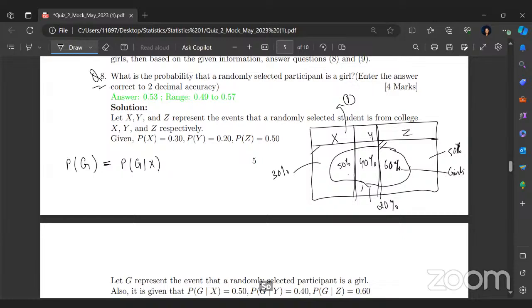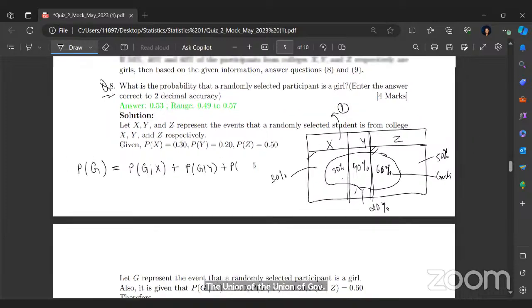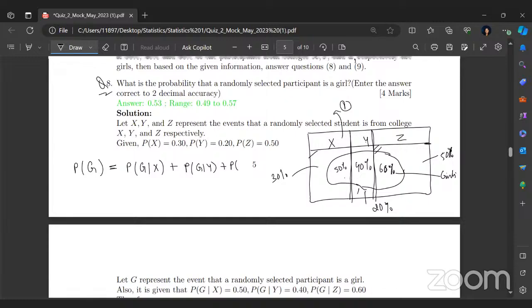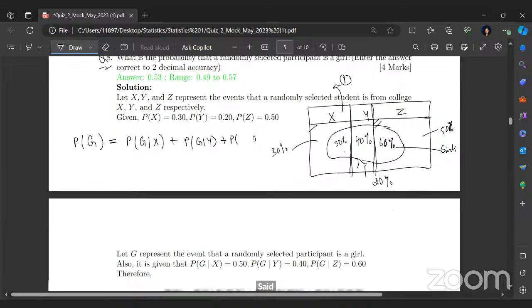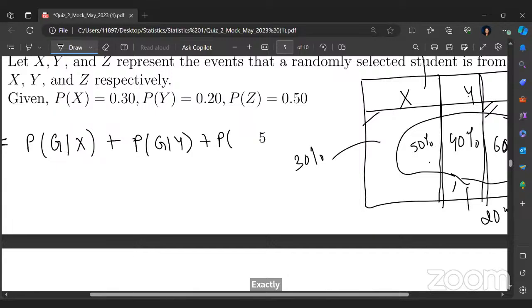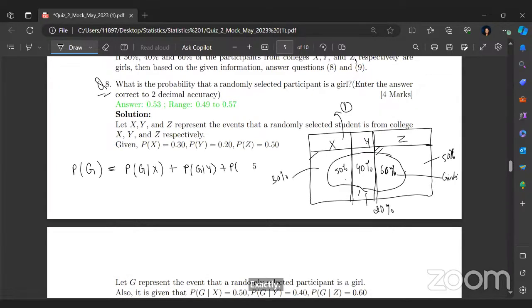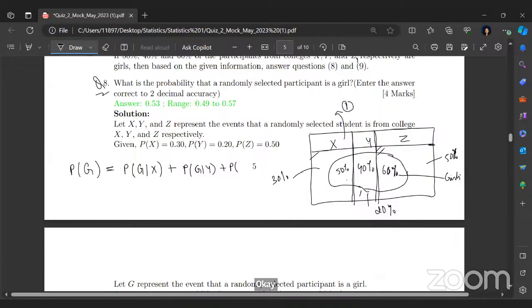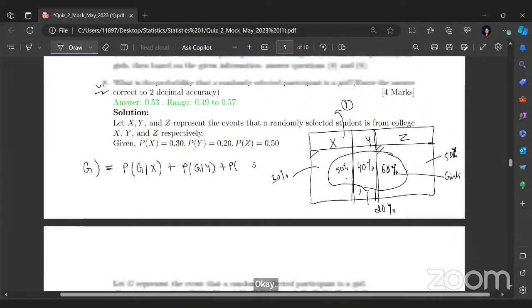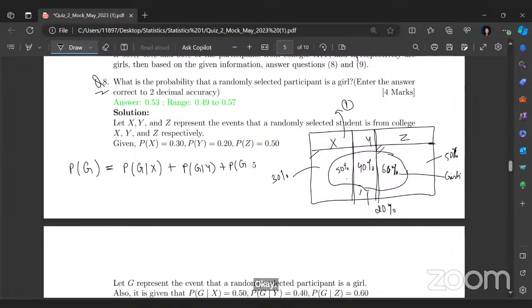This girl can come from either X, or this girl can come from Y, or this girl can come from Z. So what is the probability that the girl is coming from college X?